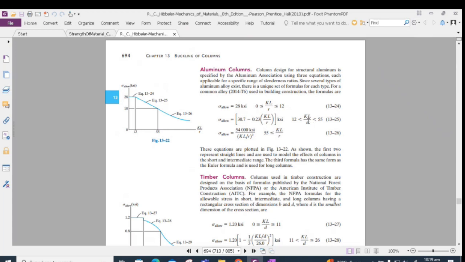Similarly, if the slenderness ratio is between 12 and 55, we can use this formula, which is 30.7 minus 0.23 KL/r. And finally, if KL/r is greater than 55, then sigma allowable is equal to 54,000/(KL/r)².